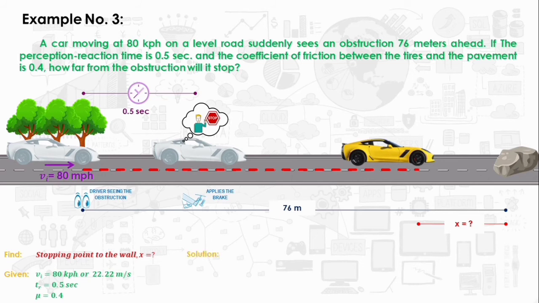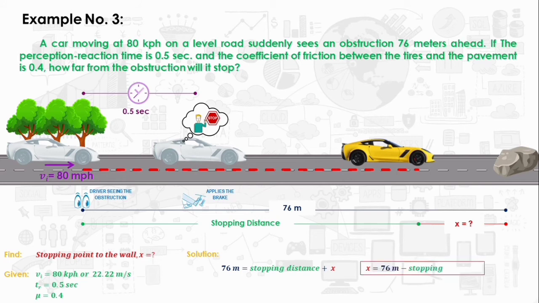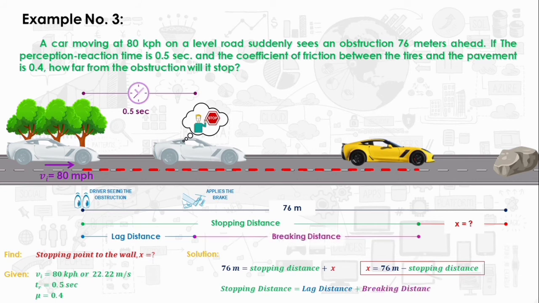We can conclude that 76 meters is the total sight distance, which is equal to the stopping distance plus distance x. Since distance x is unknown, we can rewrite the equation as x is equal to 76 meters minus stopping distance, where stopping distance is the lag distance plus the braking distance.